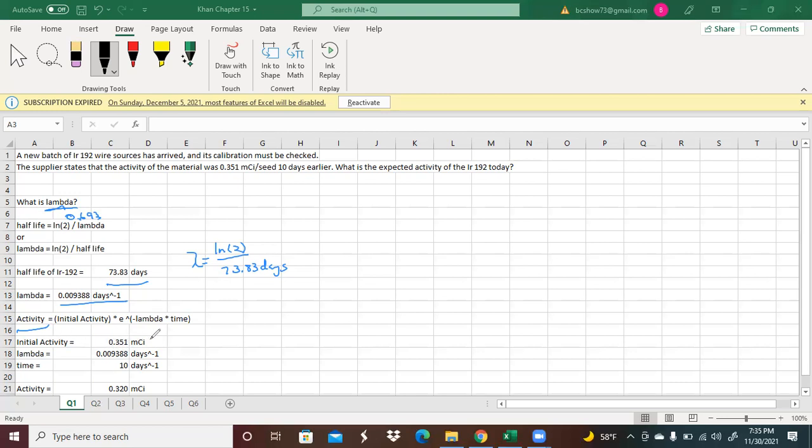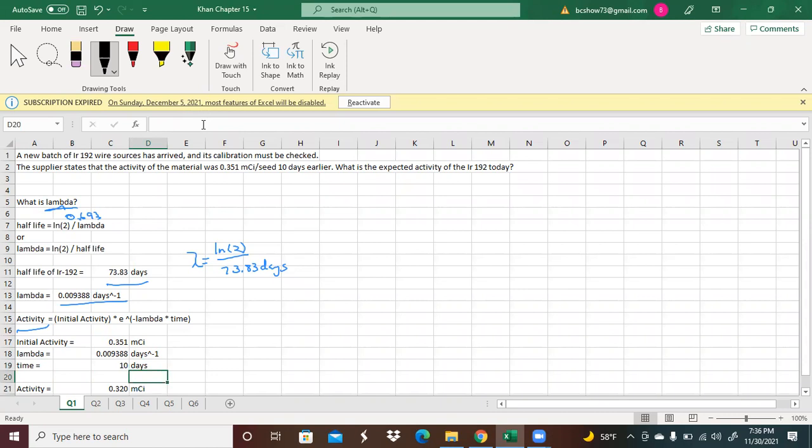So we know what the initial activity is. We know what lambda is because we just computed it. And we know what the time is here in days. So if we put all of this together, the number of days there, hang on just a second, that should be corrected. I just copied that down. That should not be like that.